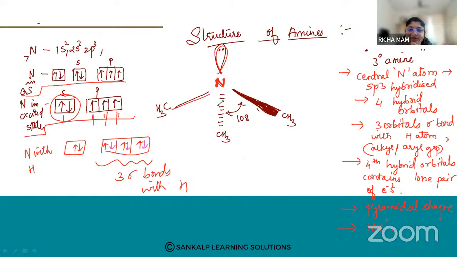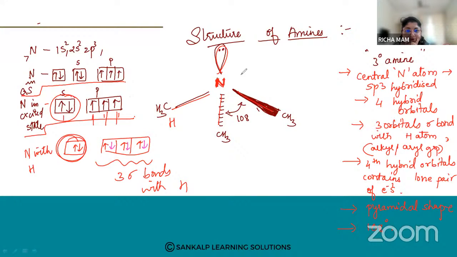These three, one, two, and three, can bond either with hydrogens or with alkyl or aryl groups. So these three orbitals form sigma bonds with hydrogen atoms or alkyl or aryl groups, and the fourth hybrid orbital contains the lone pair of electrons.